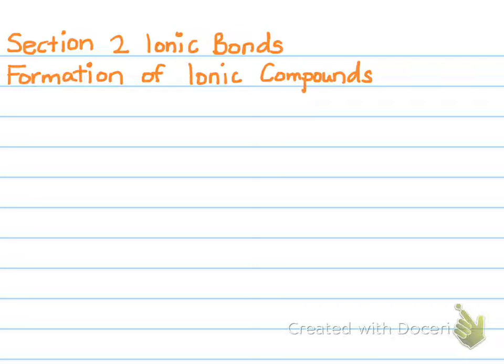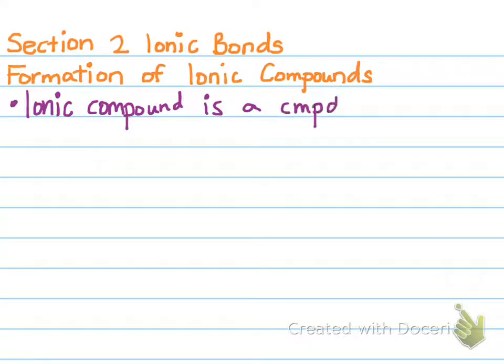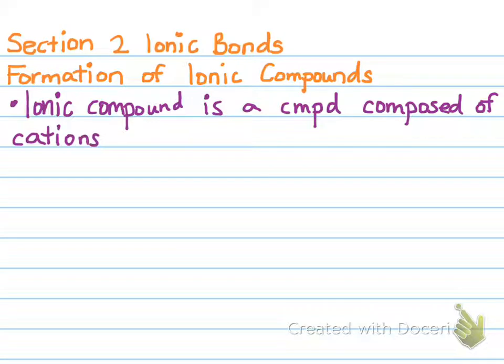As we talk about the formation of ionic compounds, an ionic compound is a compound (here's an abbreviation for compound to save you a little writing) composed of, or made of, cations and anions.